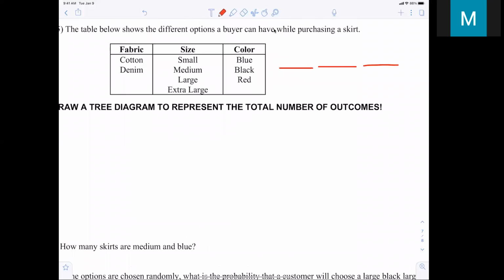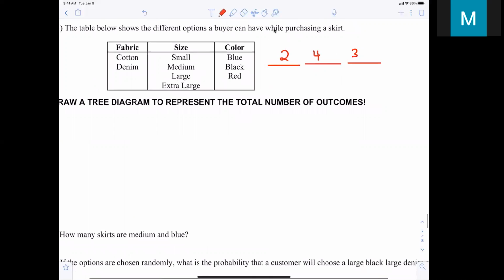All right, I'm making progress. 2, 4, 3. So how many outcomes? What's 2 times 4 times 3? Yeah, 24. You see that or not? There are 24 outcomes. Does everybody agree?